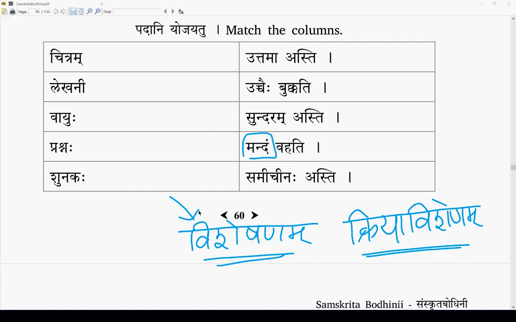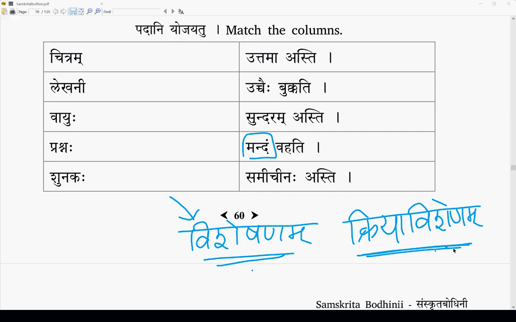Right. I got that. And what is the rule for Kriya Visheshanam? The Lingam has got to be the same? No. That is for Visheshanam. For Kriya Visheshanam, what is the rule? What is it describing?